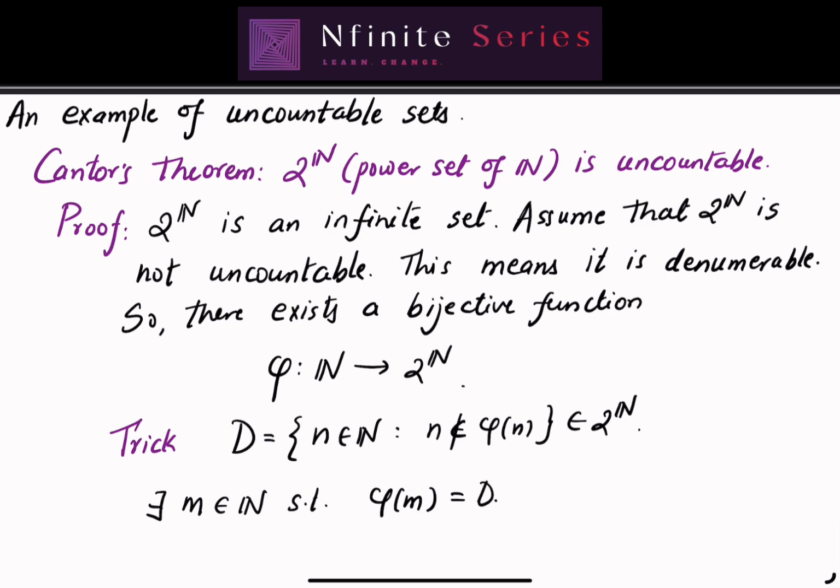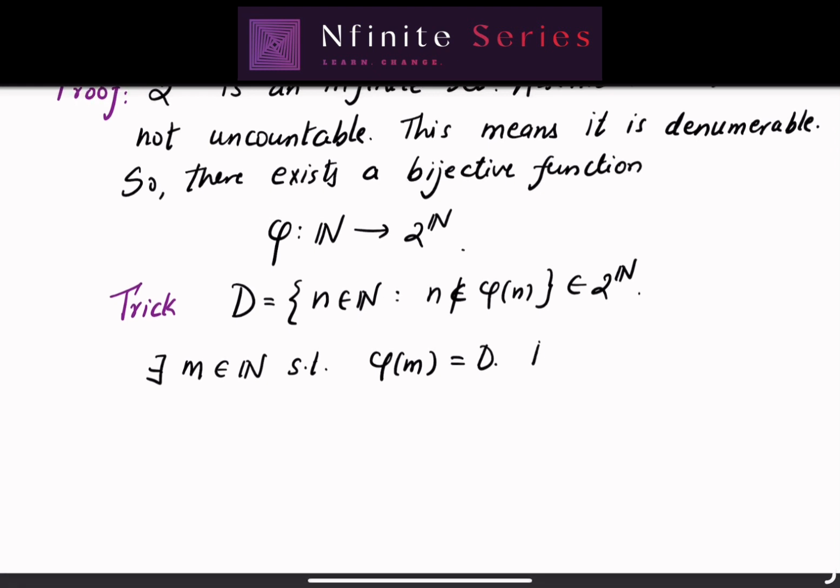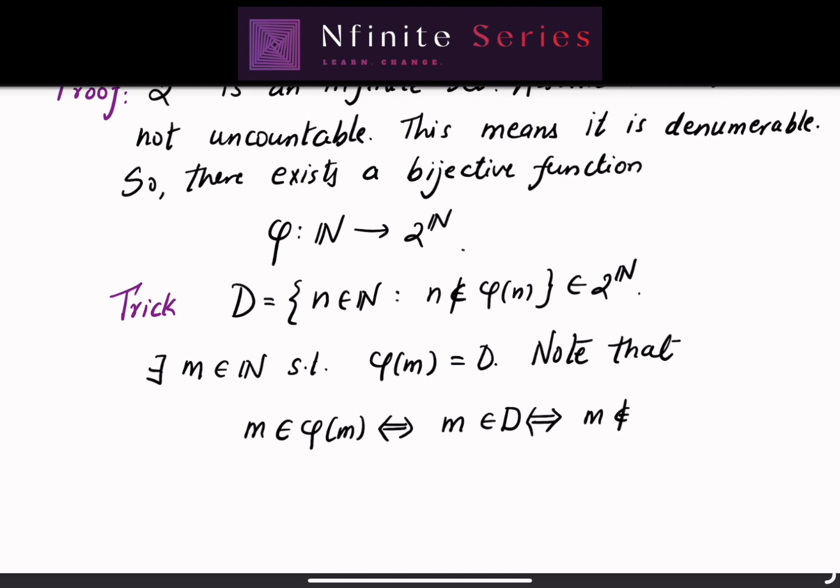Now here's the contradiction. From this equality we know that m belongs to phi of m if and only if m belongs to D, but we know by the definition of D that m belongs to D if and only if m does not belong to phi of m.